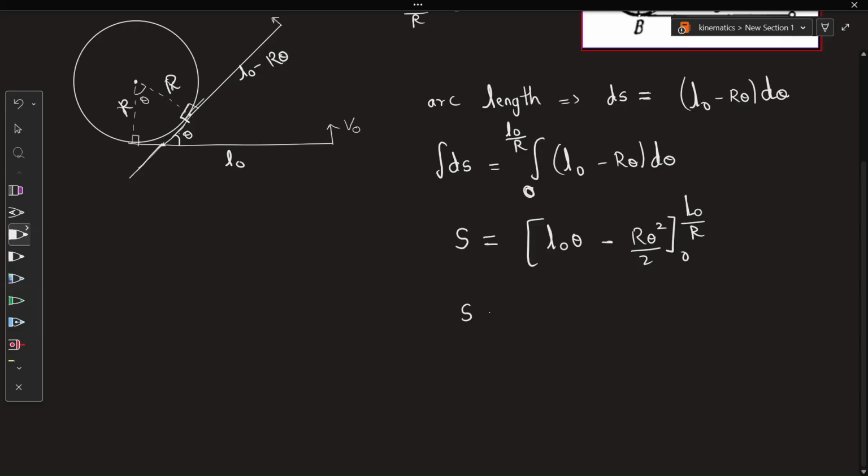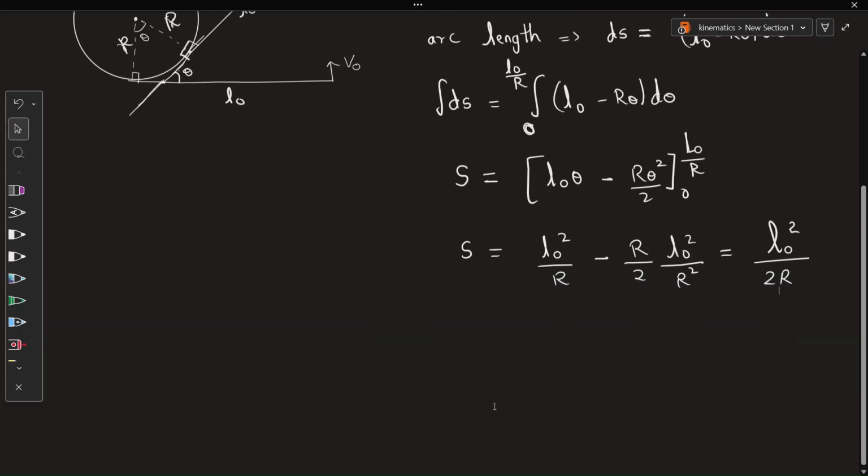So S is nothing but L naught square by r minus r by 2 into L naught square by r square. So what you get is L naught square divided by 2r. So this is the total arc length.